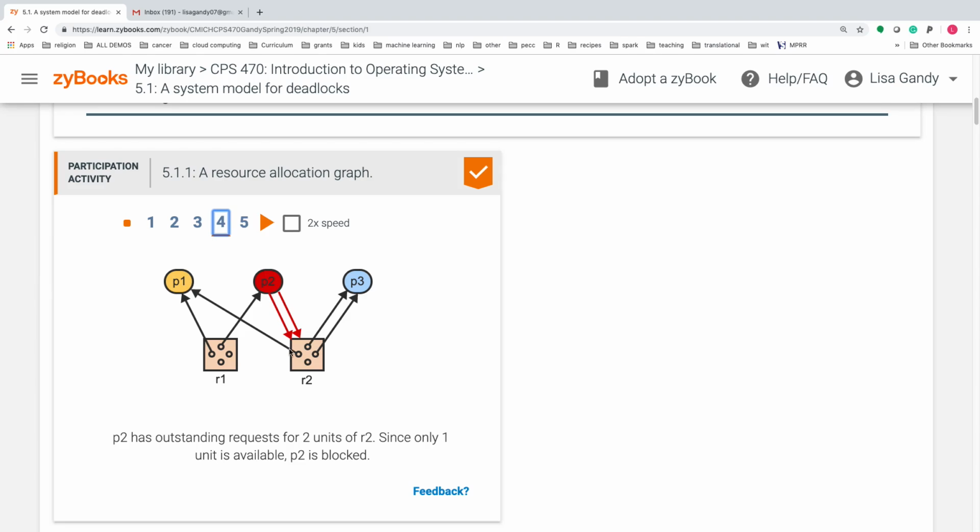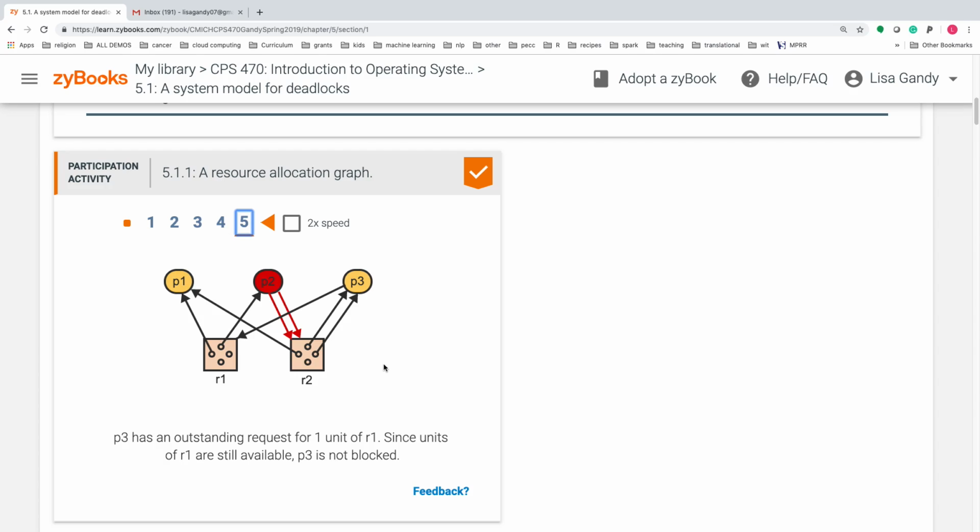P2's blocked because it needs 2 units of R2, and there's only 1 unit of R2 left. And so P1 and P3 aren't blocked here because P3 is asking for a unit of R1, and there's 1 there, so it's going to get it. This is the ask, this arrow going this way. So eventually it's going to get that resource. But P2's blocked and P1's not blocked.